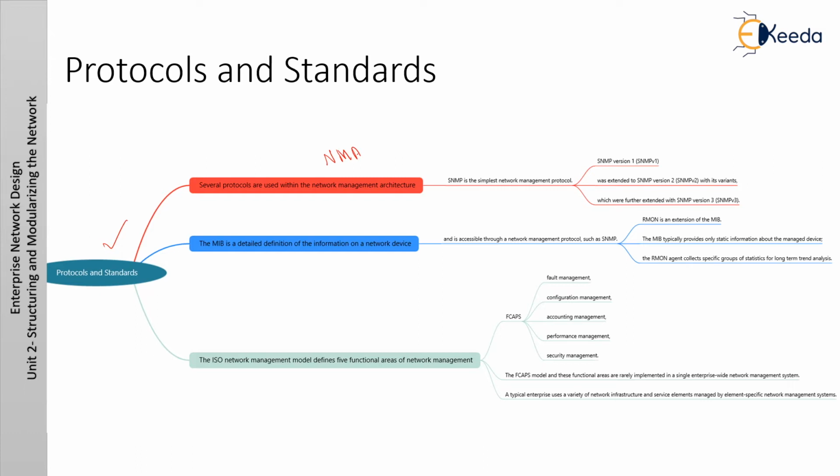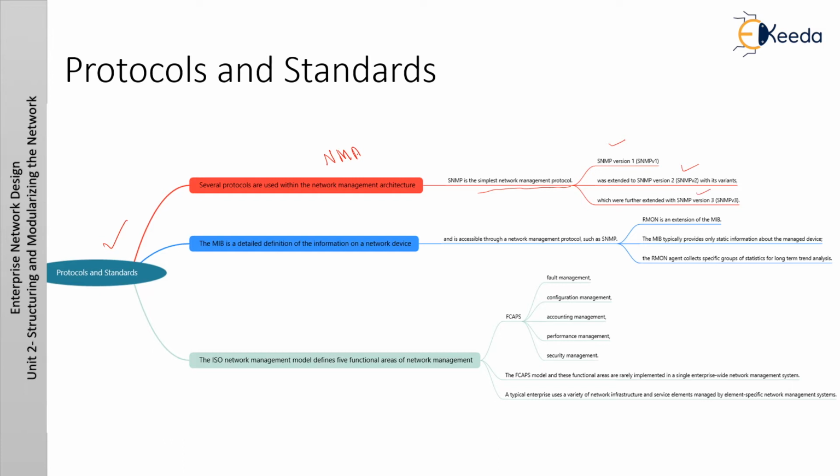SNMP is the Simple Network Management Protocol. SNMP version 1 was extended to SNMP version 2 with its variants, which were further extended with SNMP version 3. Now come to MIB.